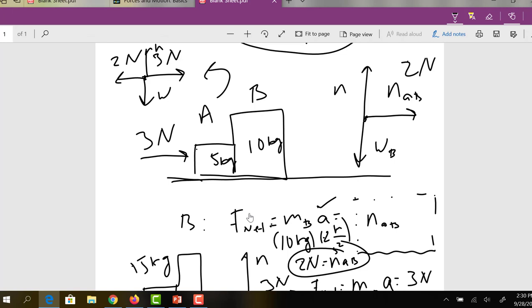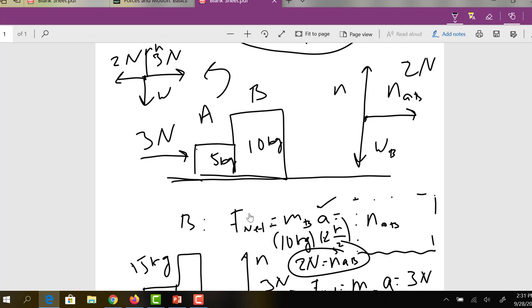There's 2 newtons back to the left, that's the normal from B on A. So the net force on A is actually 1 newton, right? 3 newtons to the right, 2 newtons to the left. 1 newton is being used for A. So of the 3 actual newtons of force, 2 of them are being used for B, and 1 of them is being used for A. Okay, that's one way of thinking about it.